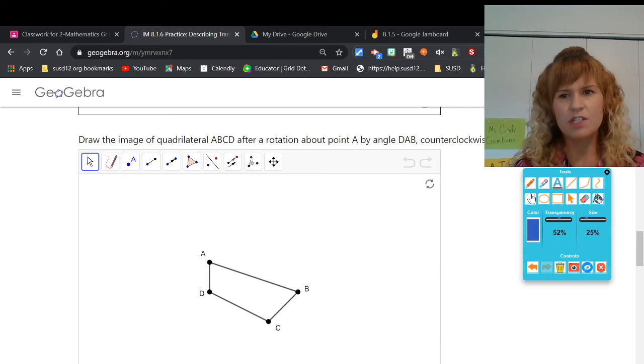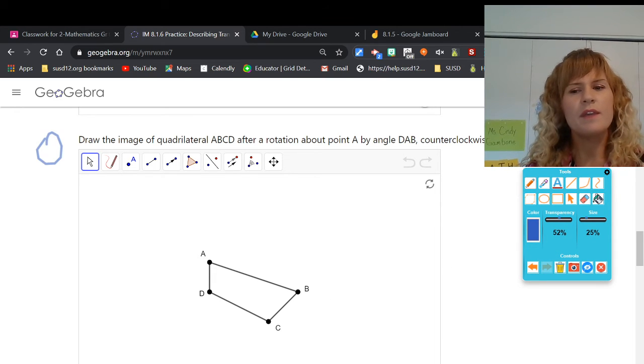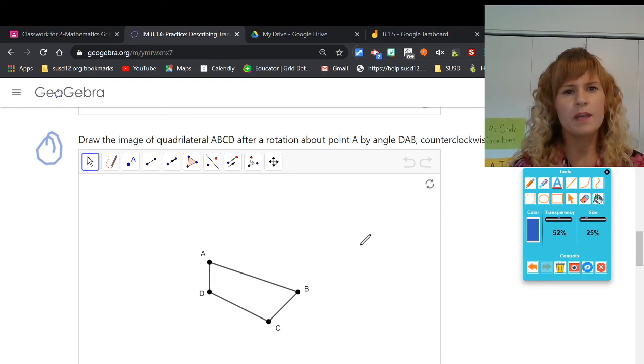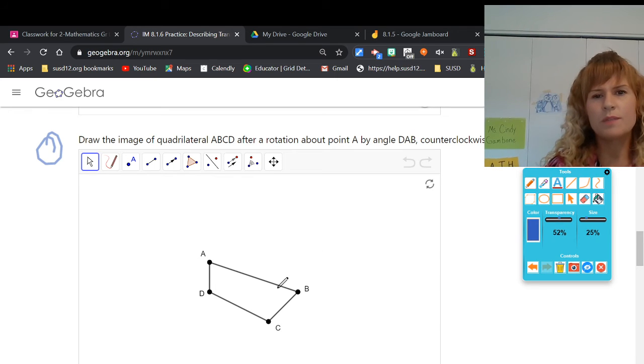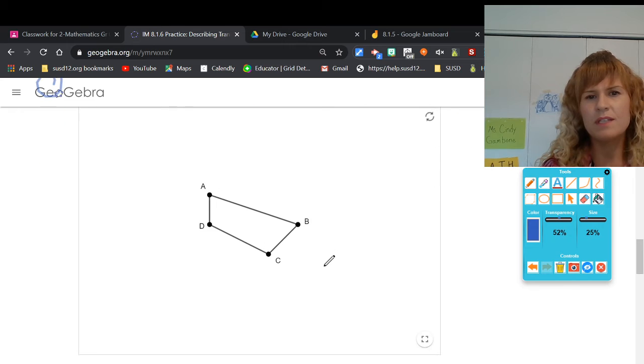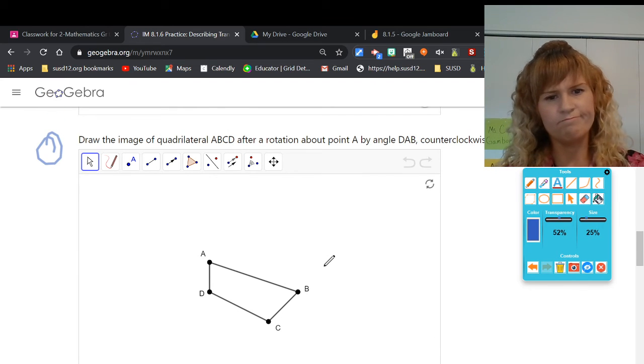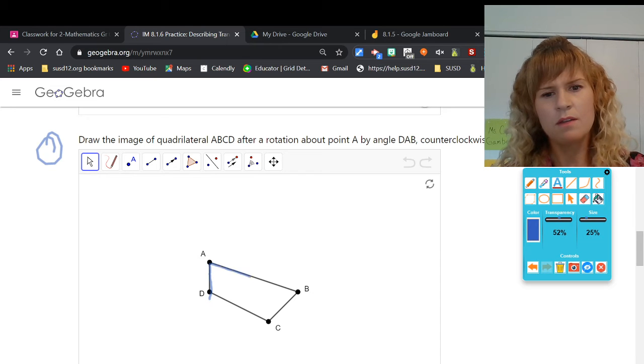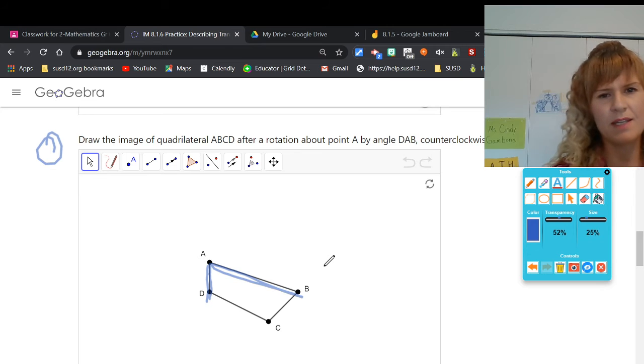The next instruction says, draw the image of quadrilateral ABCD after a rotation about point A by angle DAB. Okay, here is angle DAB, but I don't know what angle that is.